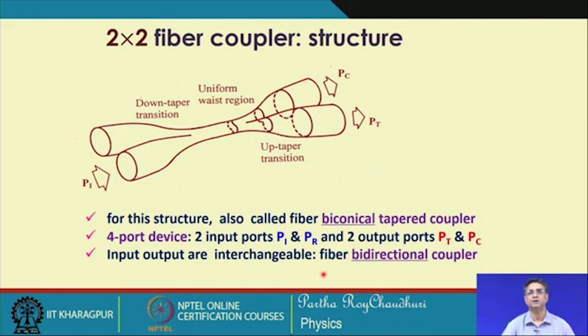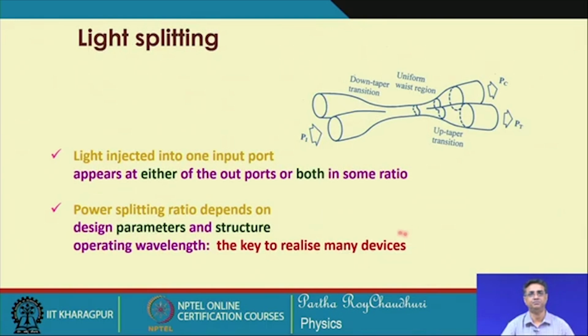Therefore, this coupler is also called a bidirectional fiber coupler. Light injected into one port appears at one of the output ports or in both ports in some ratio. This all depends on the design parameters and the structure of the coupler.